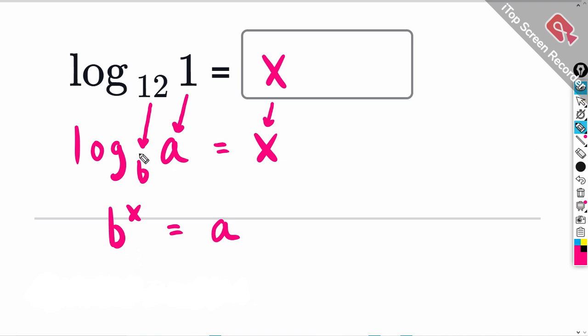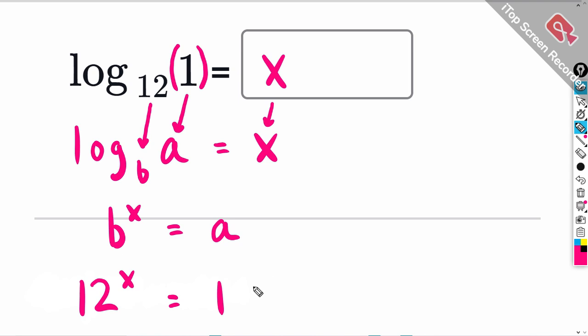Okay, so b, we can see that's 12. x is the exponent, which we don't have. And a is the argument right here. That's the thing you're taking the log of. So we can see that a equals 1. So they're asking 12 to what power equals 1?